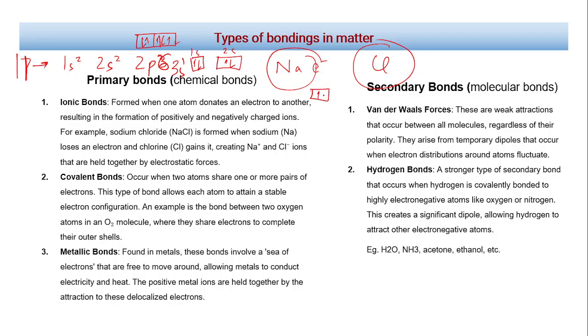So it's not stable. If it gives this electron to something else, then it will attain the noble gas electronic configuration, where all the electrons will be paired and the atom will be stable. So sodium wants to give this off to attain stability.